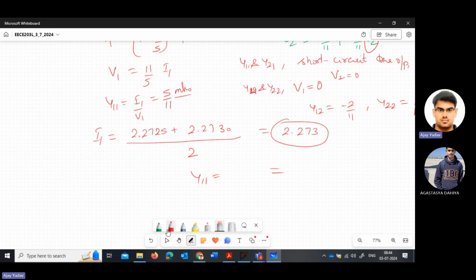I'm calculating the approximate value here. 2.273 divided by 5. So what is the value? This should be equal. 0.4545. And what is the value of this? 0.45.